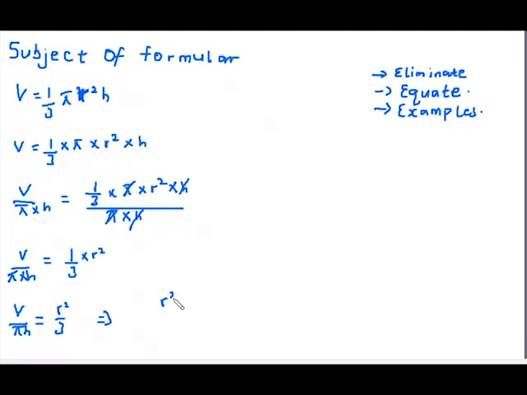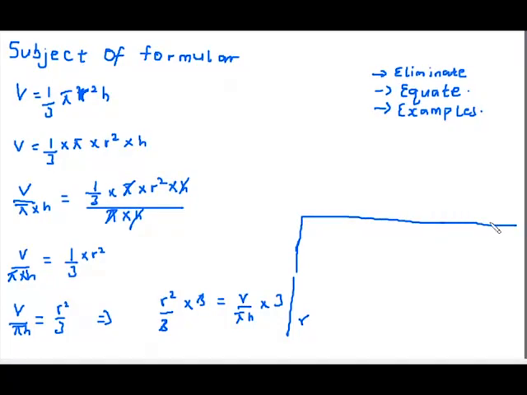So I'd have r squared over 3 times 3, which is equal to v over pi h times 3, and then 3 cancels out 3, so I'd have r squared equals 3v over pi h.